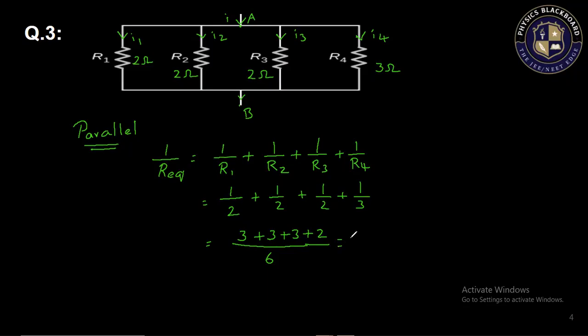So finally, what will you get here? 3 plus 3, 6. 6 plus 3, 9. 9 plus 2, 11. That is 11 by 6. This is 1 by R equivalent. So to find R equivalent, you should take the reciprocal of this value. That is 6 by 11. 6 by 11 ohms.